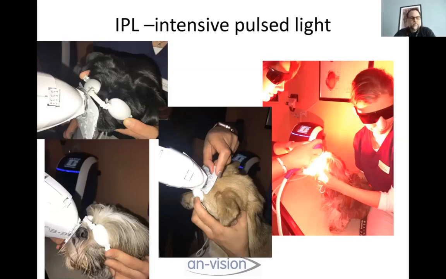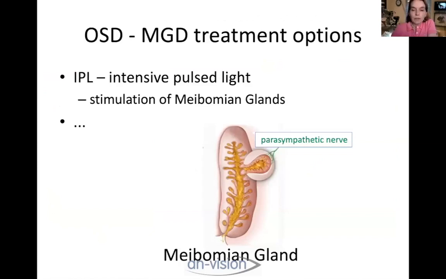Okay. So here you can see those pictures of the intense pulsed light, and this is something that has no reference at all. I just wanted to bring it in here because I think, going back one slide, we're left with a non-functioning or dysfunctioning meibomian gland, and we have few ways that we could stimulate this meibomian gland, and it contributes to such an important structure of the tear film.